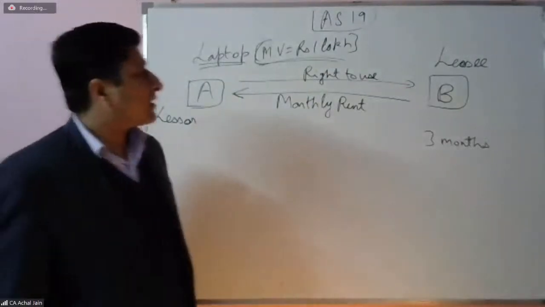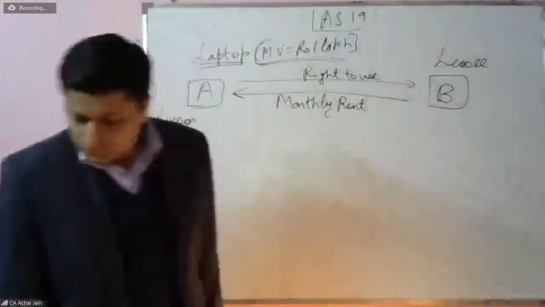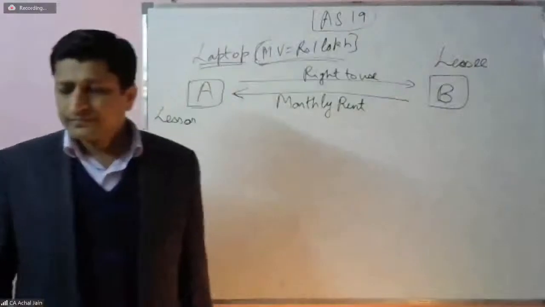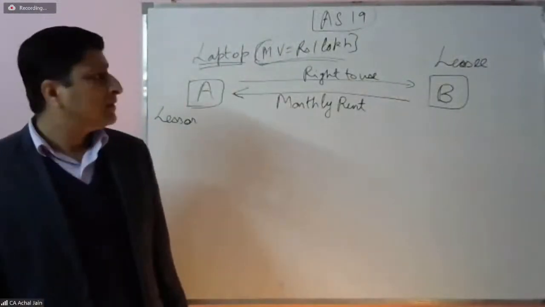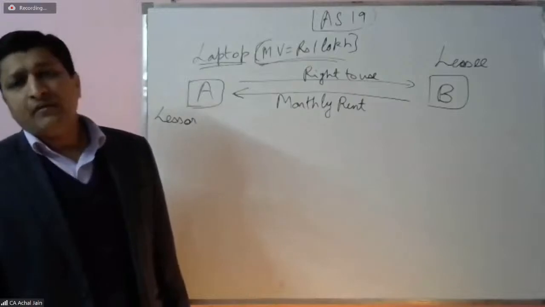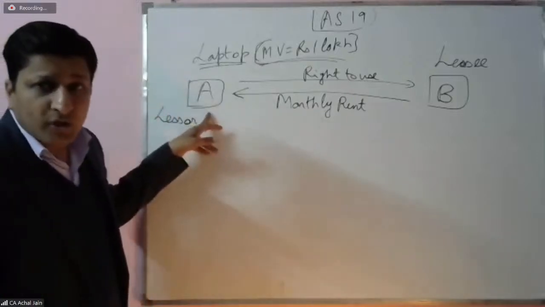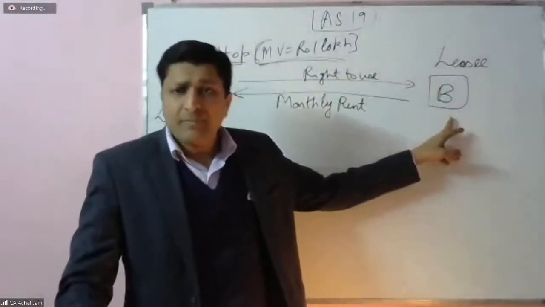Let's look at another arrangement. In this arrangement, there's a slight difference. A continues to be the owner of the laptop. B is requiring the laptop.